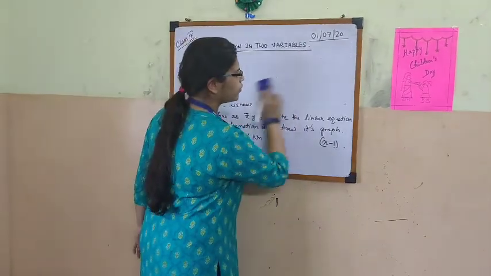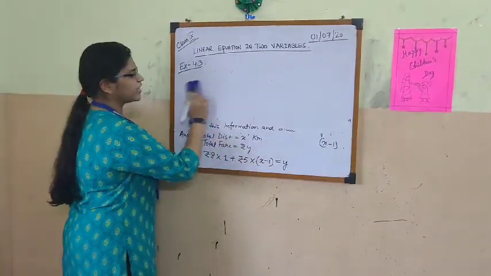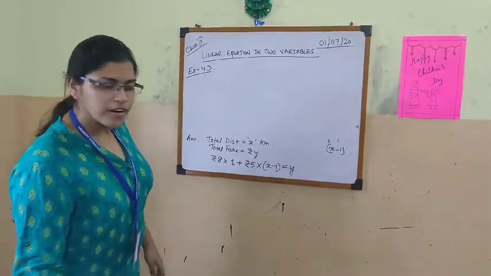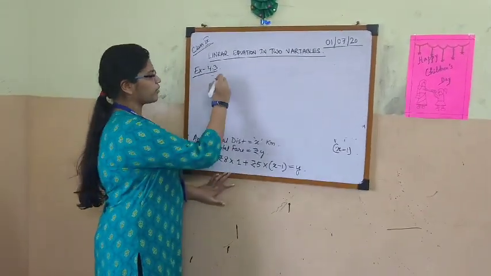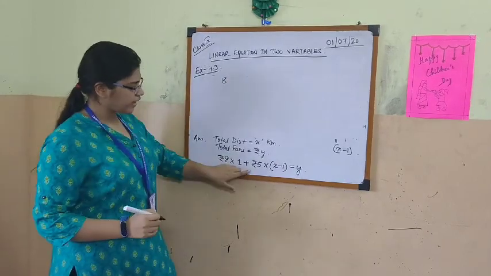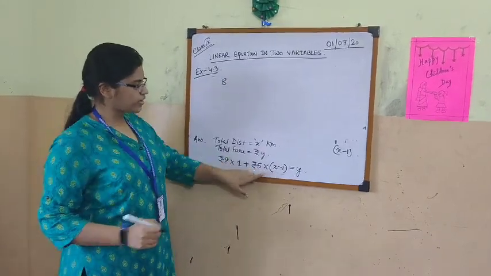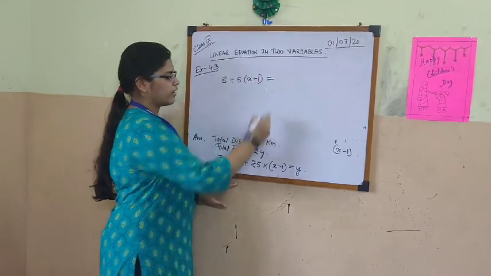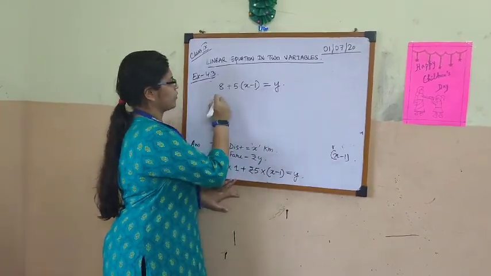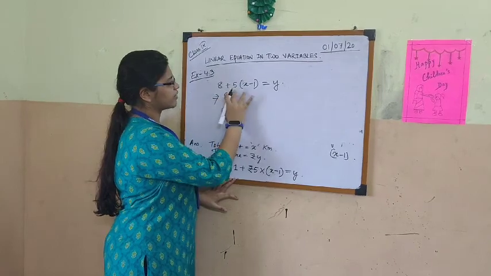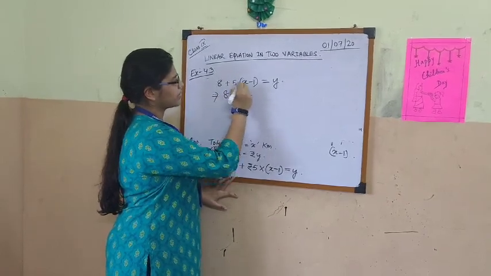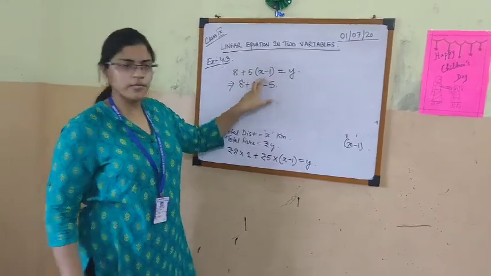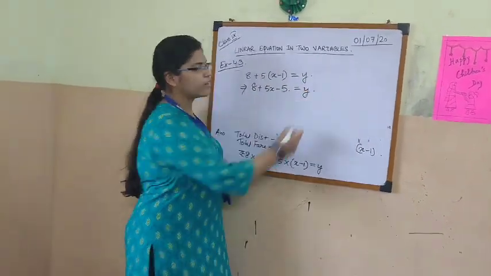So now we have to draw this in a graph. At first we multiply rupees 8 into 1, which is only 8. Then here 5 into x minus 1, that is y. So this is 8 plus 5x, minus 5, multiplying this 5 with x minus 1, and we are getting y.